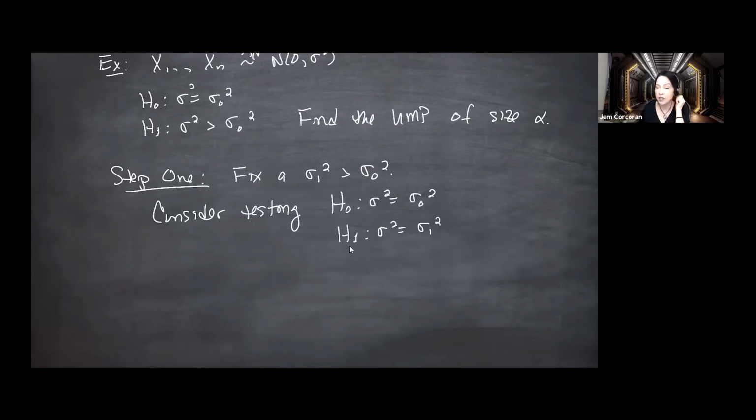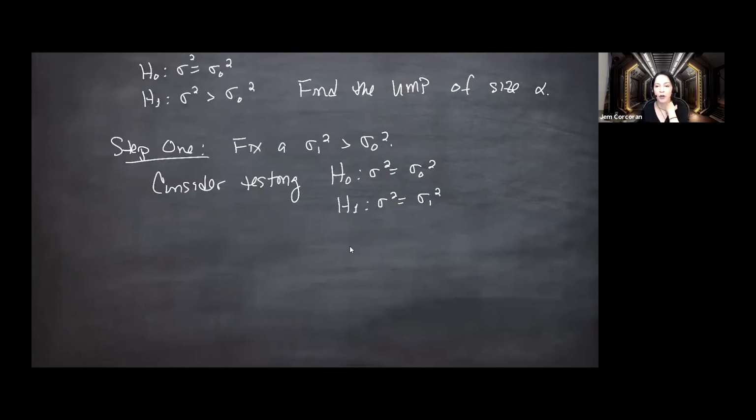I'd love to do it, but you might be sick of the same thing over and over again, because what I'm going to do is form that lambda ratio. I'm going to take the joint PDF with sigma naught in it over the joint PDF with sigma 1 in it, set it less than or equal to k, and solve down for the x's. I'll skip a whole bunch of steps.